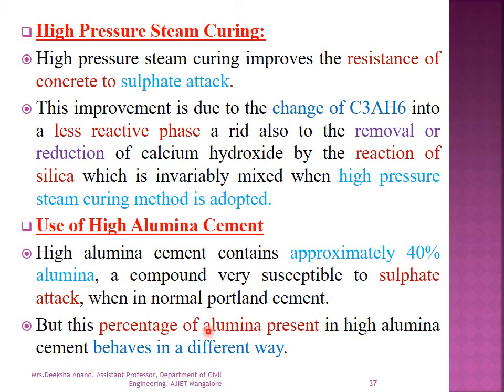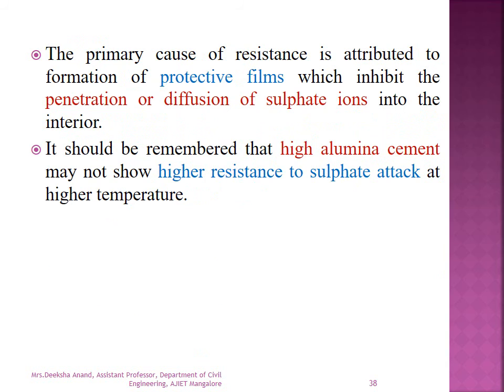But this alumina in high alumina cement behaves in a very different way. The primary cause of resistance is attributed to the formation of protective films which inhibit the penetration or diffusion of sulphate ions into the interior. It should be remembered that high alumina cement may not show higher resistance to sulphate attack at higher temperature.